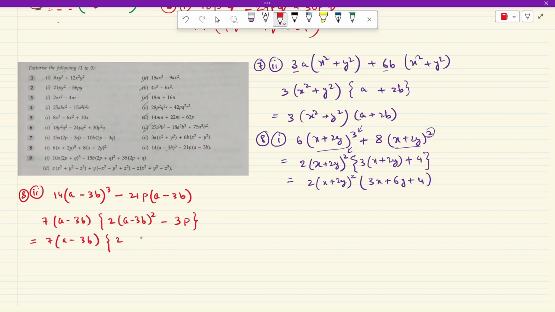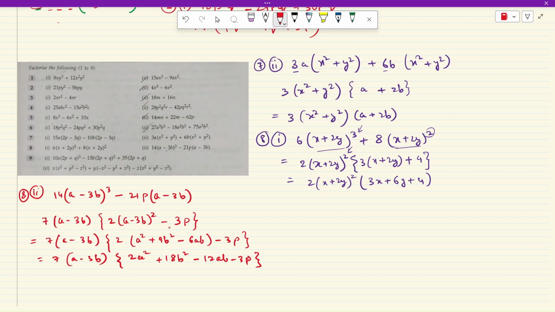So instead of (a minus 3b) I will write a square plus 9b square minus 6ab minus 3p. So this will be 7(2a square plus 18b square minus 12ab) minus 3p.